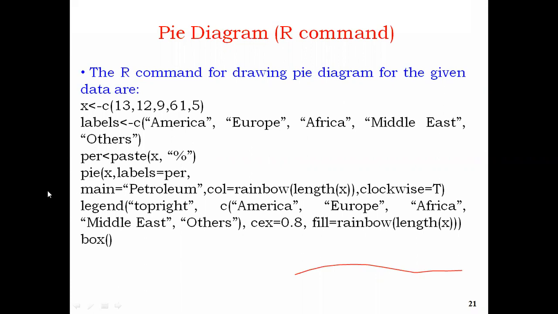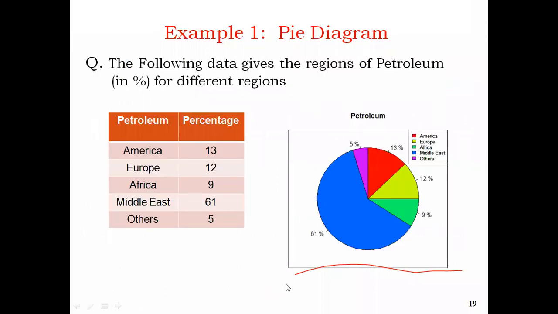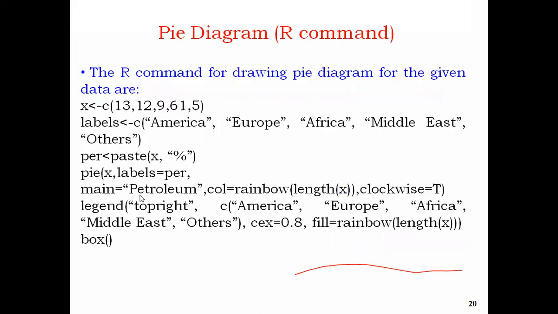symbol). Okay, so now pie(x, labels equal to per. Then main, petroleum. Here in the diagram I am writing only petroleum, but if you want, you can write pie diagram, then colon, and then petroleum, or pie diagram on petroleum.